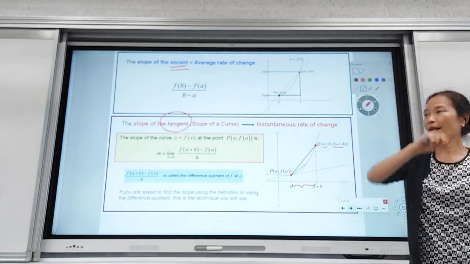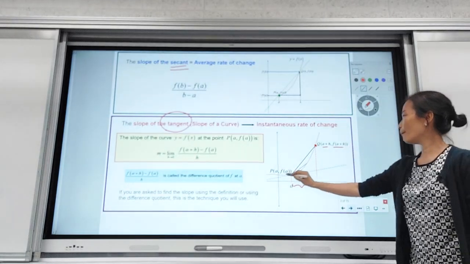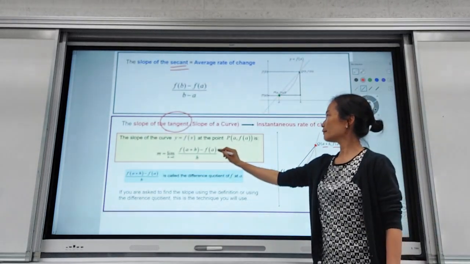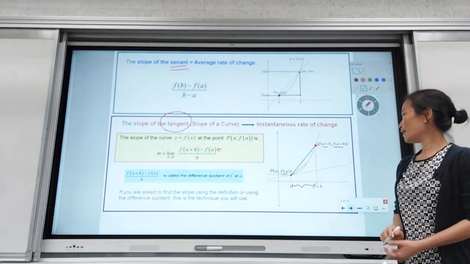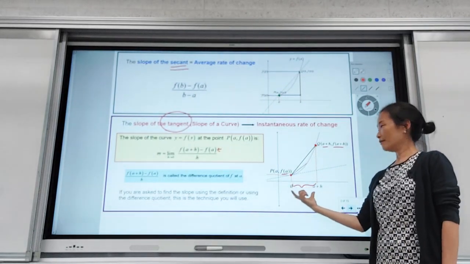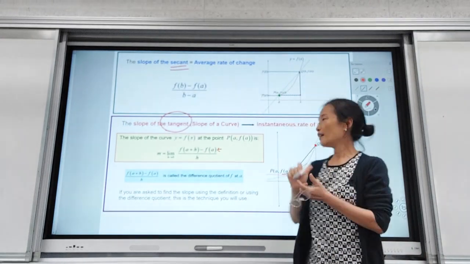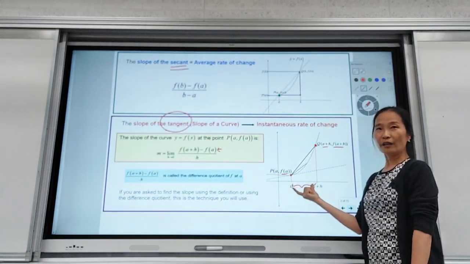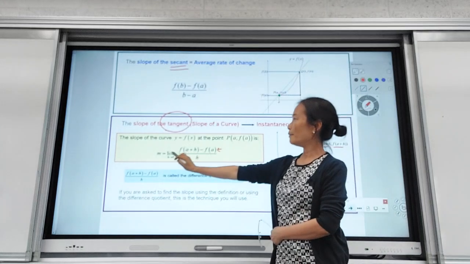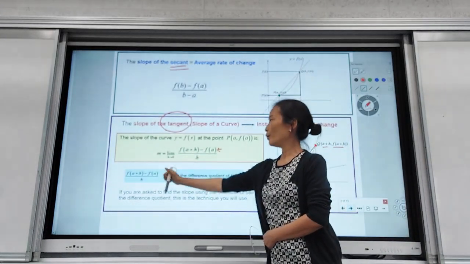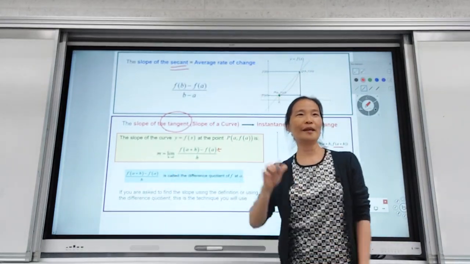Now change of y becomes f of a plus h minus f of a, divided by what's the change of x? h. Because we want the gap to be very close, we find the limit when h approaches 0. Everybody understand this?